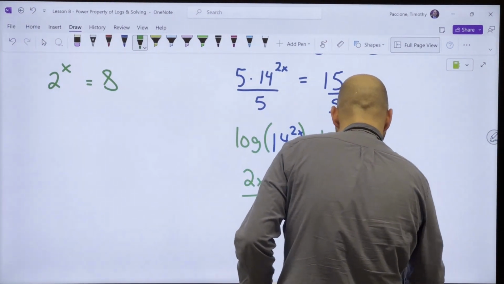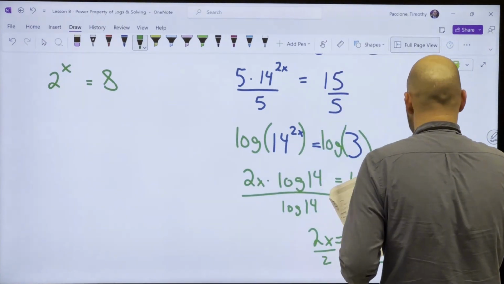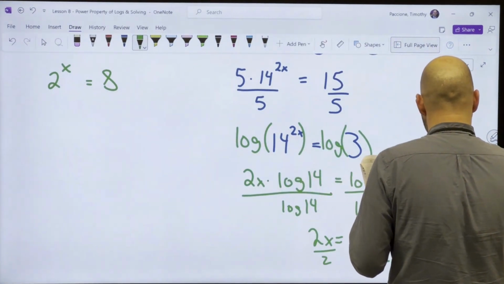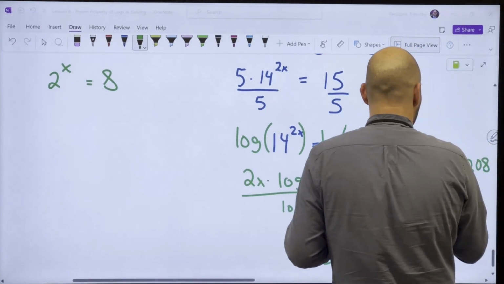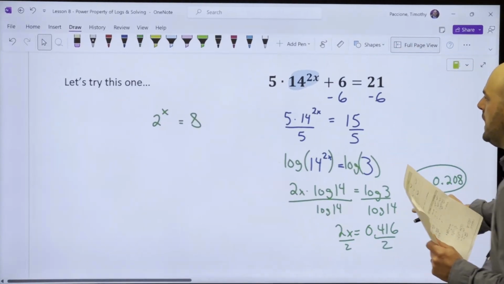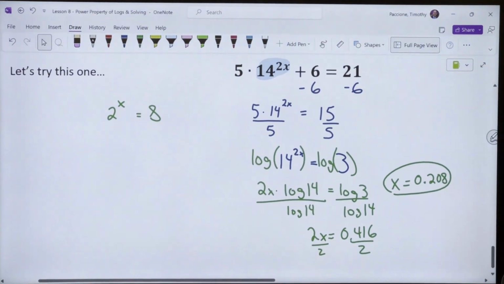Divide by 2. x equals 0.208. Okay? Make sense? I rounded it to be 0.42, and then I got 0.21.